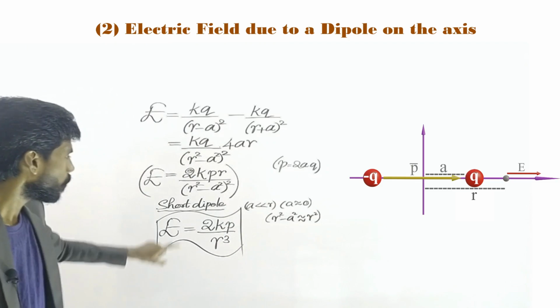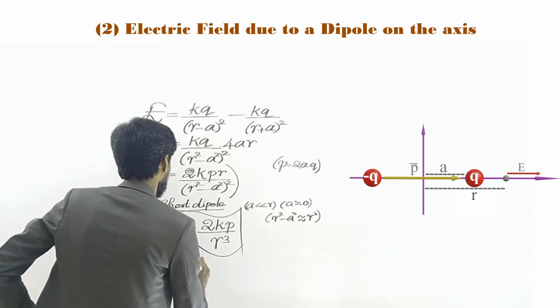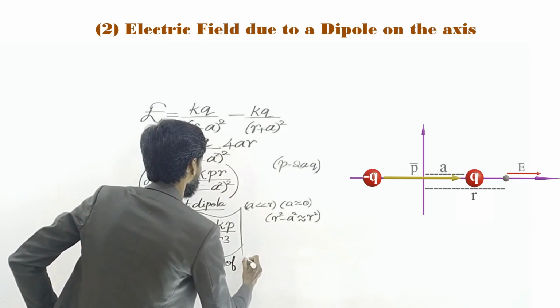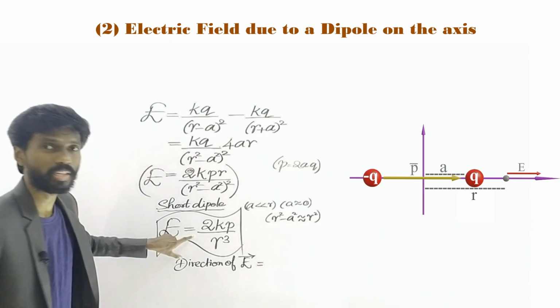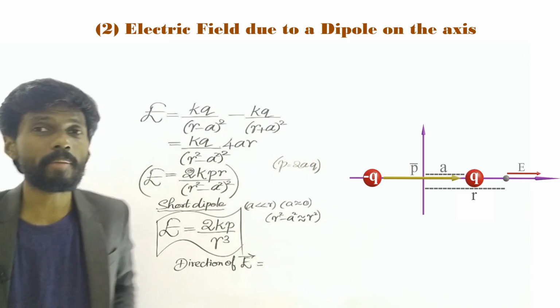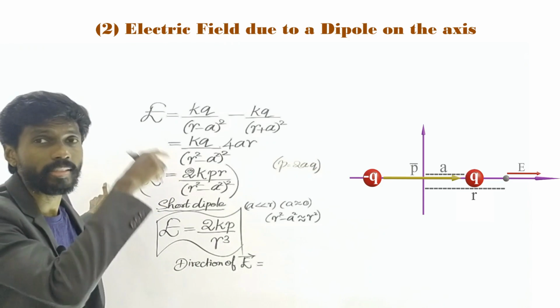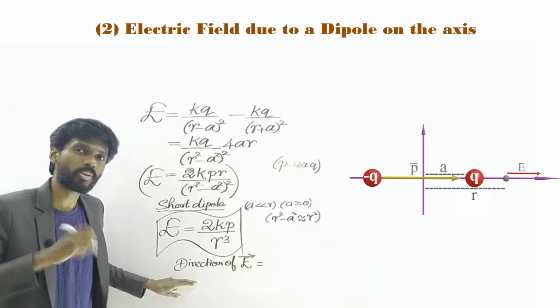Okay, done. But what is the direction of this electric field? Electric field is a vector, so it has magnitude, this value, but it also has direction. What is the direction of the electric field? That is in the positive x direction. That is the same as the direction of the dipole moment, because the dipole moment has direction joining the negative charge to the positive charge. So that is the positive x direction, and this also has the same direction.